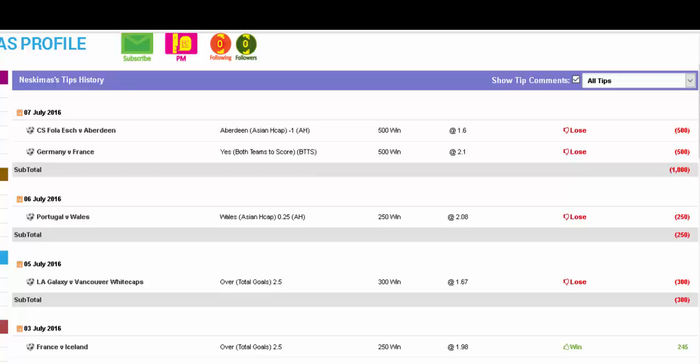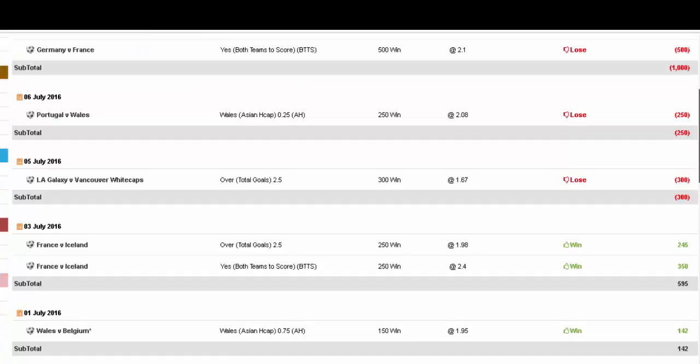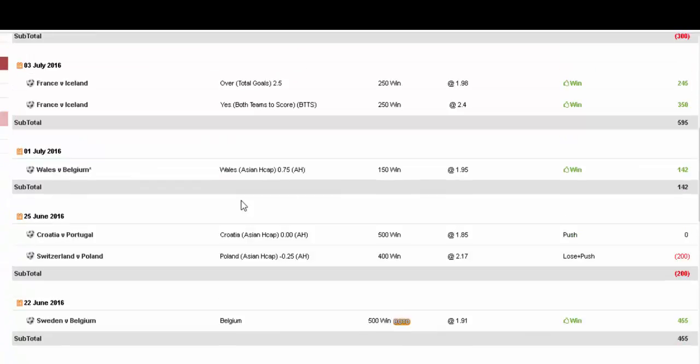There were many games in the European Championships, and you can see here there were not that many bets. So you patiently want to wait until you get an opportunity.